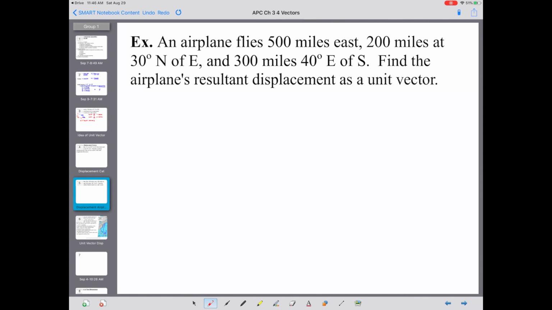Next example. Airplane is flying 500 miles east, 200 miles 30 degrees north of east, 300 miles 40 degrees east of south.